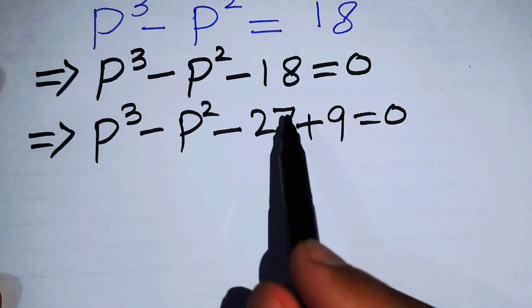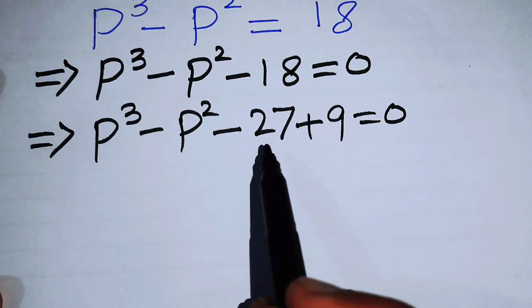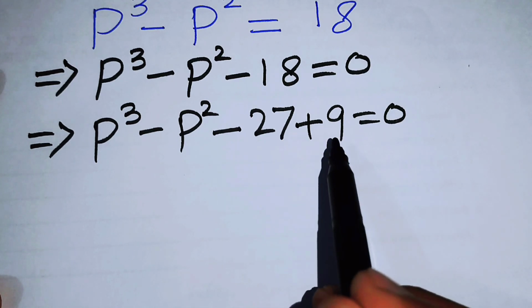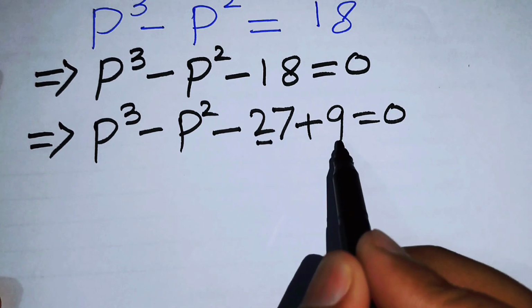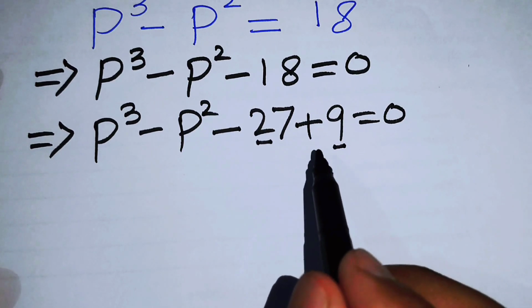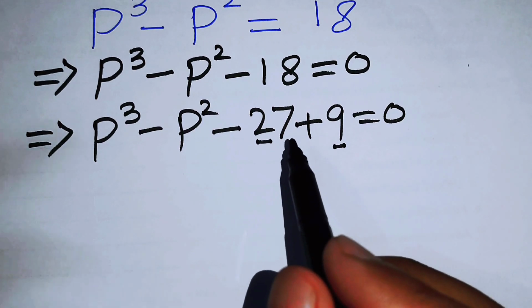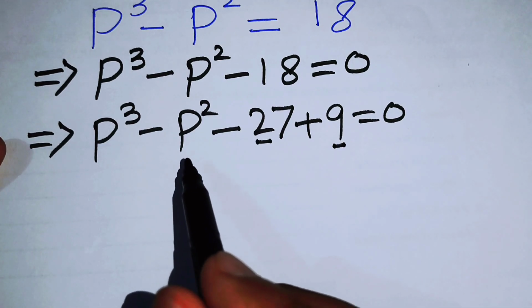The reason to write this minus 27 plus 9 is that we need two numbers in which one is converted in cubic form and one in square form. So you can write this 27 as 3 cube and this 9 as 3 square, because here I can make the pair of cubic terms and square terms in order to find the value of this p.